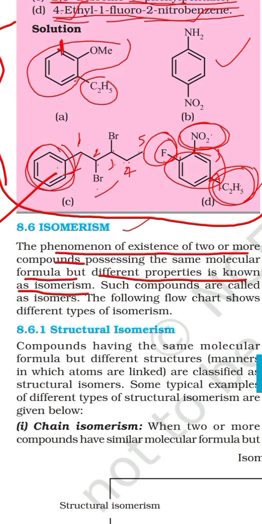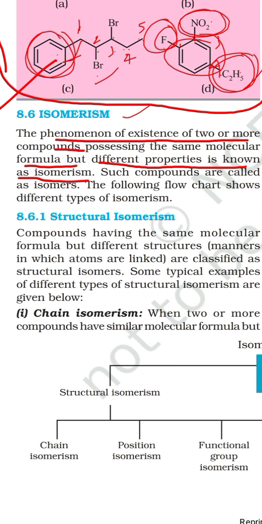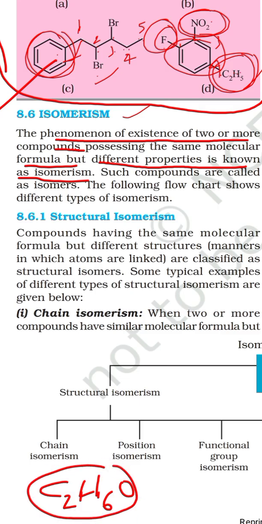That means if one compound has some molecular formula, the same molecular formula is possessed by another molecule also. So these two molecules are different but have the same molecular formula. For example, here we have C2H6O, one molecular formula, and it is possessed by two compounds.